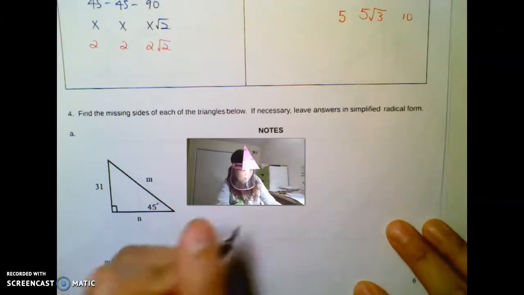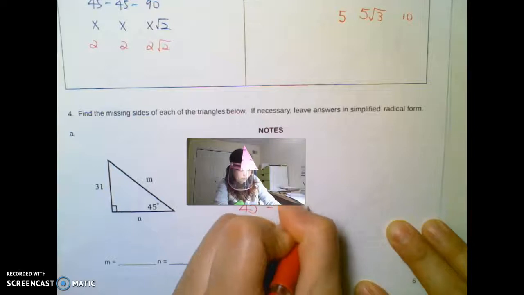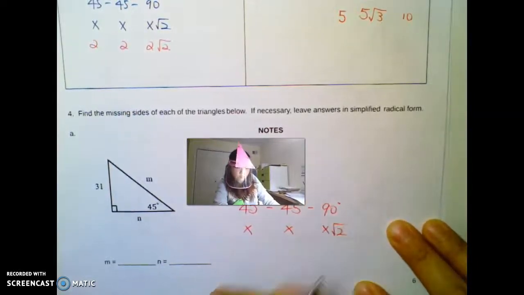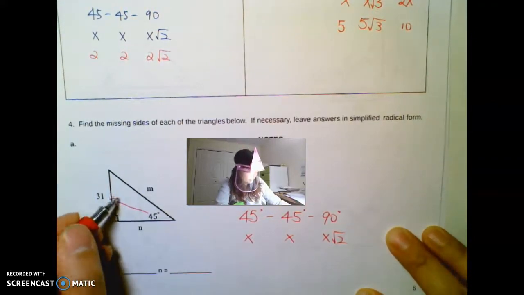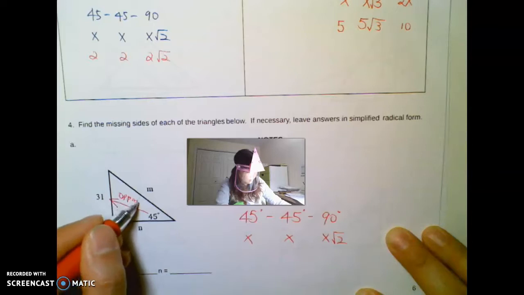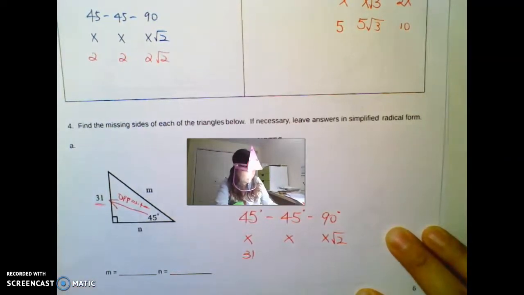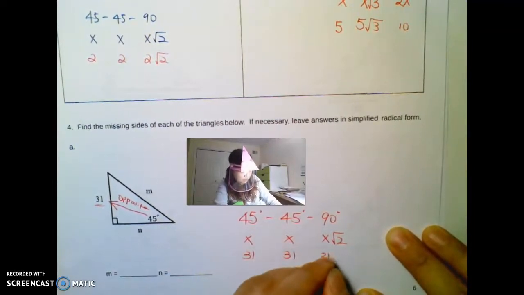So, 45, 45, 90: x, x, x root 2. Opposite of 45 is 31. So x is 31. That is 31 root 2.